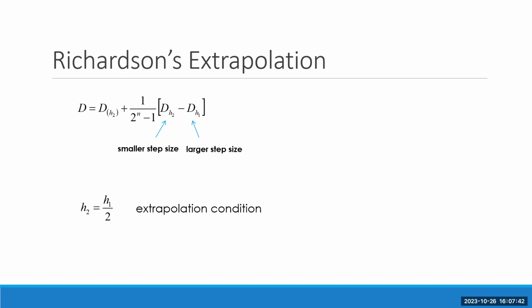By employing two distinct step sizes, H1 and H2, wherein H1 is set at twice the value of H2, the technique systematically cancels out lower order error terms through its extrapolation formula as shown, leading to a more accurate derivative estimate. This precise adjustment helps us to achieve highly accurate derivatives, making Richardson's extrapolation a valuable tool where precise derivative calculations are needed.